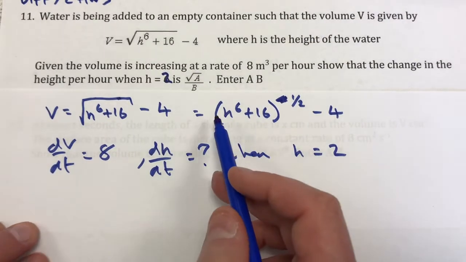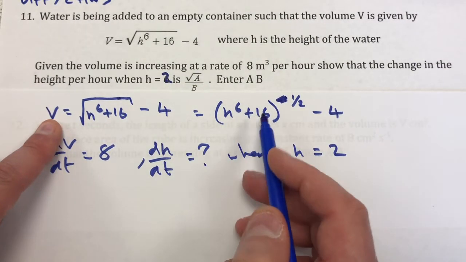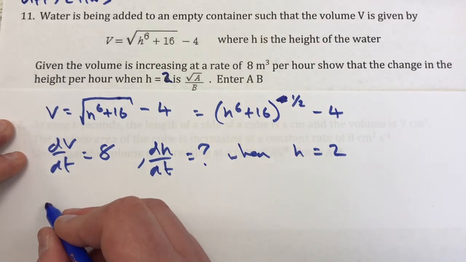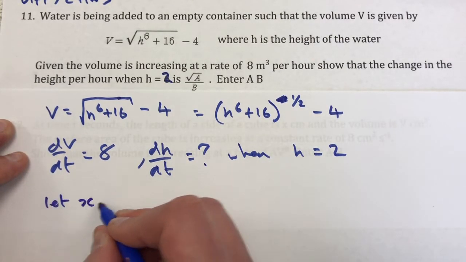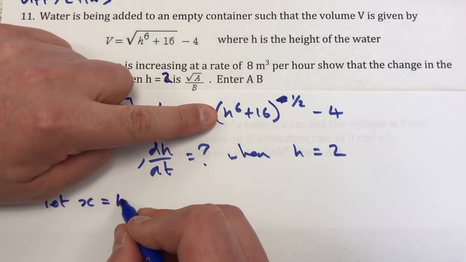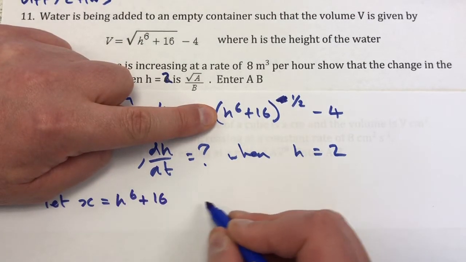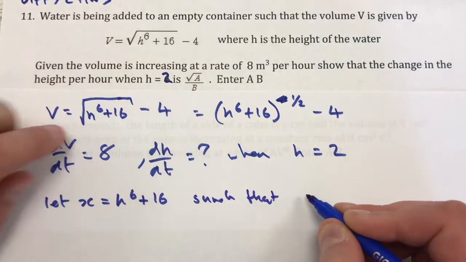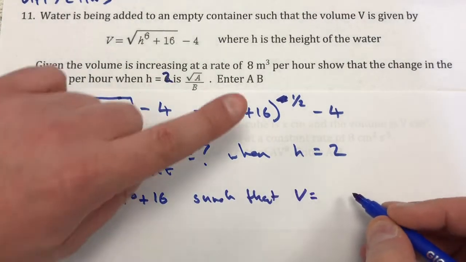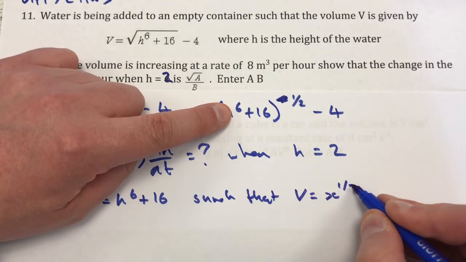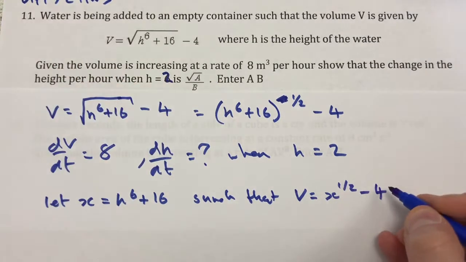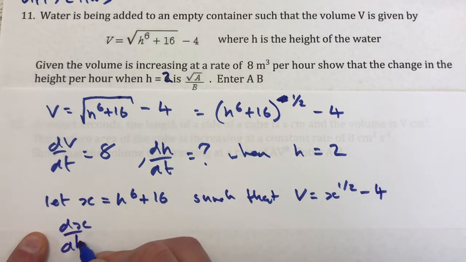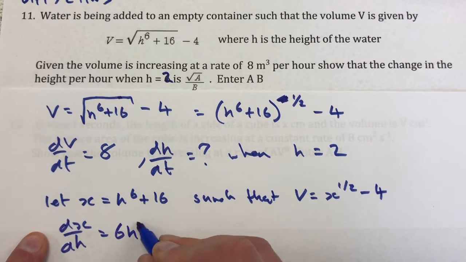So we need to differentiate V with respect to h, and we're going to use the chain rule in order to get there. I'm going to start by letting x equal all of this, h^6 + 16, such that we can write V equals x to the half minus 4. Then we can differentiate x with respect to h to give us 6h^5.